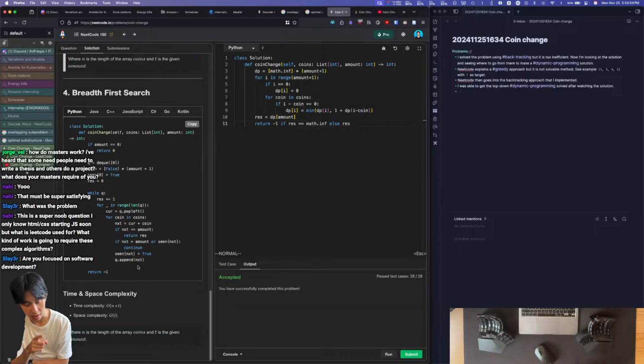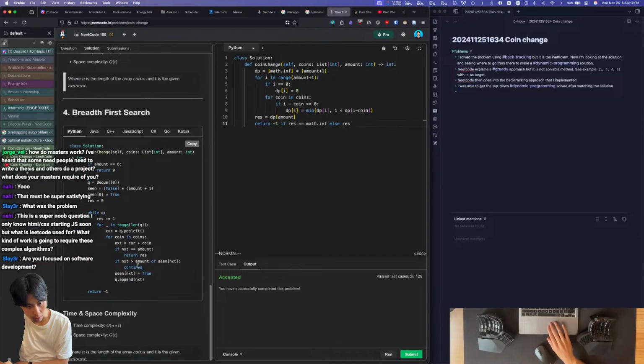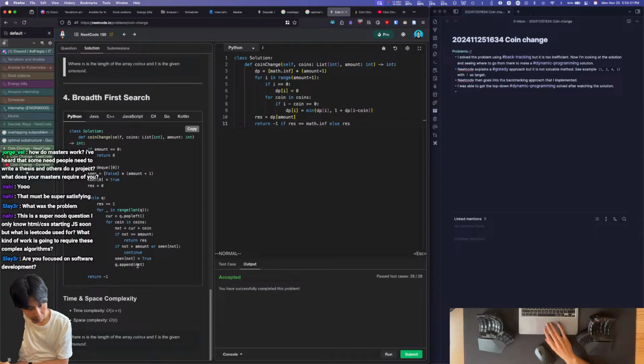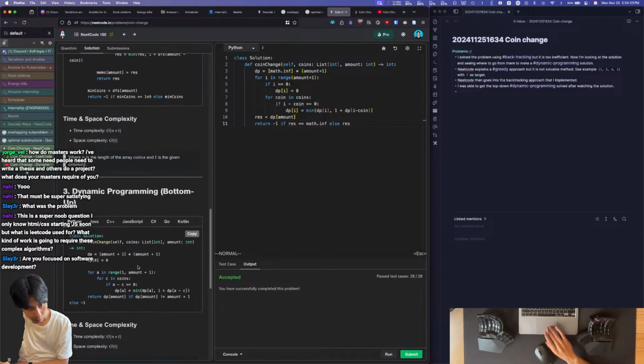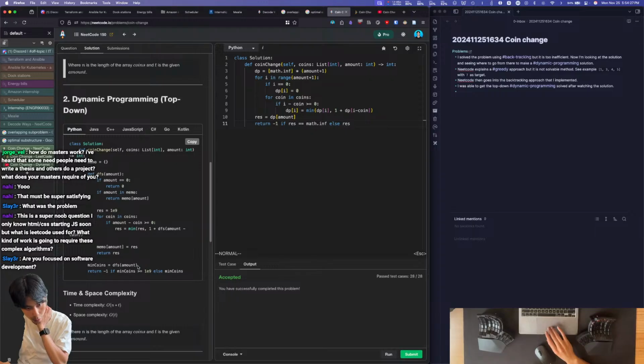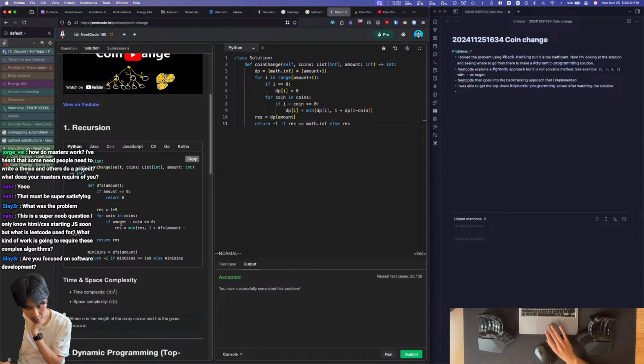I can understand that. But in terms of breadth-first search, why is this ever useful, beyond just thinking about this as a dynamic programming problem? Can't say.